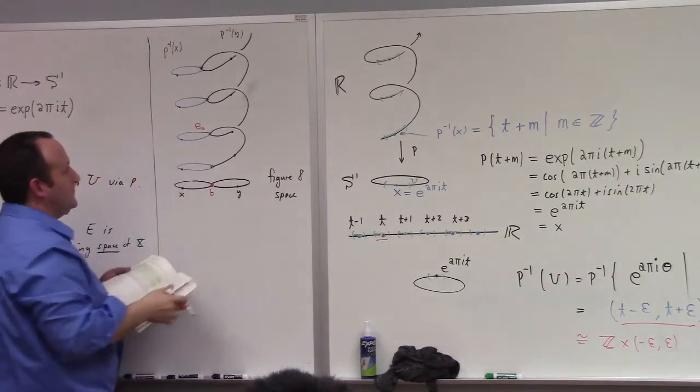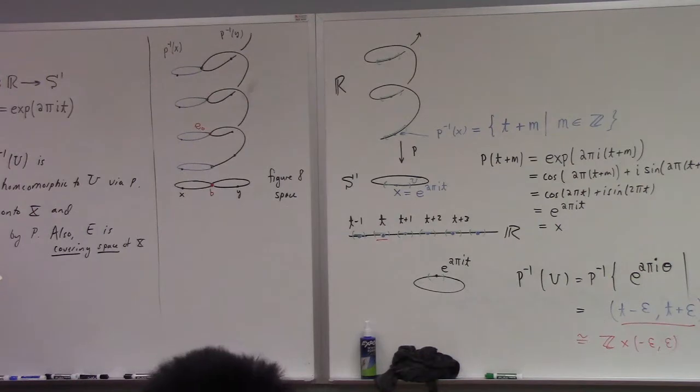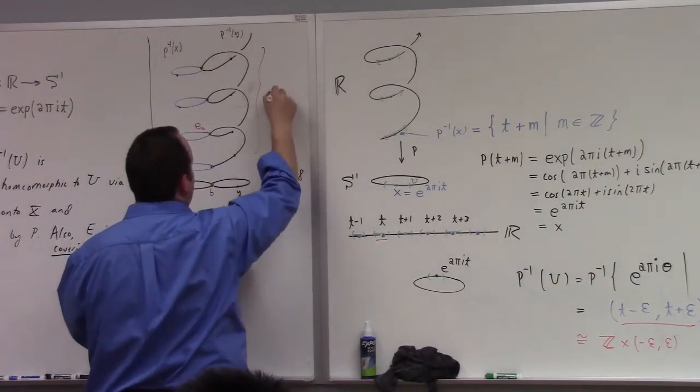E naught, what's he do there? He's labeled that little E naught. All right. He says, if we unwind the loop of E naught, so this whole contraption, this whole deal is E naught, the covering space.